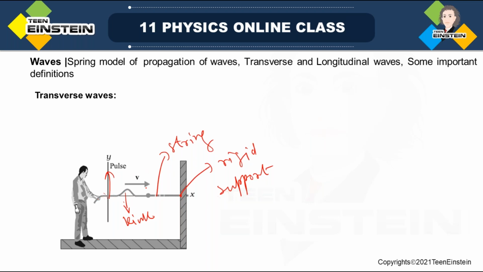This kink is produced by this man in the string, and our practical experience says that this kink will move up to the end. You can see that the material particles which were here originally have moved to here.